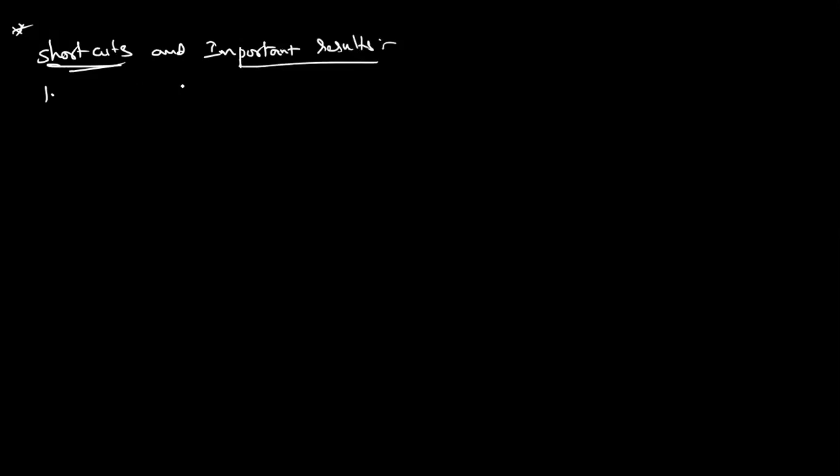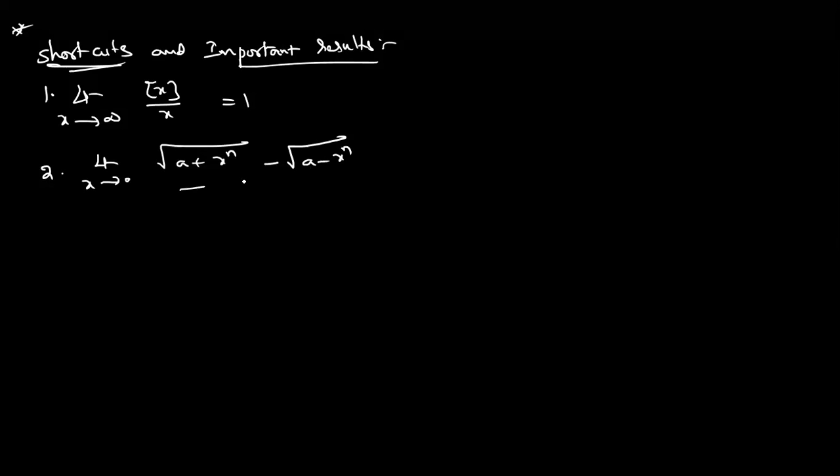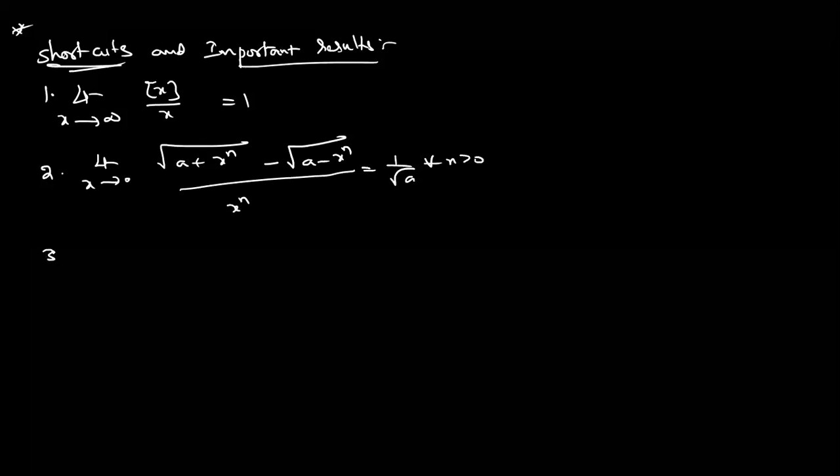If they are giving questions, suppose limit x tends to infinity of the integral part of x by x, this value is always 1 only. 2. Limit x tends to 0 of (root of (a + x))^n. This type of format is the question, dear students. So the answer is always 1 by root a for all n greater than or equal to 0.